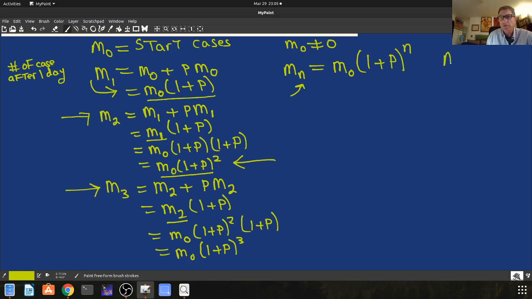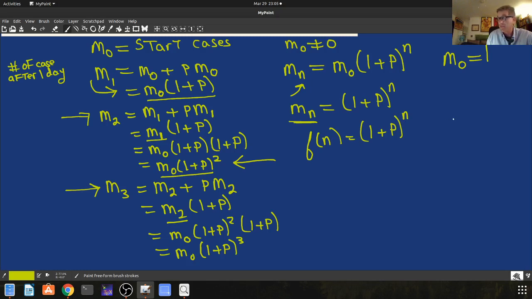Now if we just assume that there's always a first case, then we can let m naught be equal to 1, and then the number of cases at the end of n days is equal to 1 plus p to the n. But I can easily change this to a function because it depends upon the value of n. Say, well, that's f of n is equal to 1 plus p raised to the exponent n, where n is some natural number.